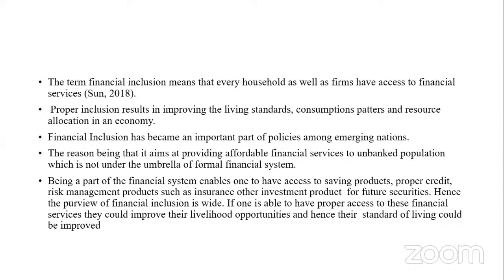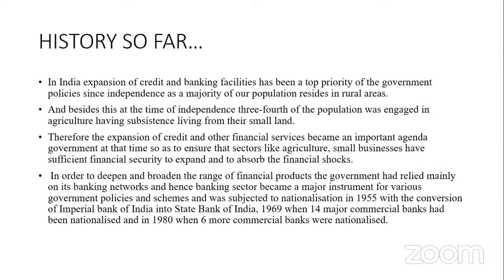Now, in case of India, when we talk of financial inclusion, the history is that it has always been a top priority of the government since independence, because at the time of independence three-fourths of the population was engaged in agriculture, and they made very meager money from their small land. Therefore, the expansion of credit and financial services has been an important agenda of the government, so that sectors like agriculture and small business could flourish, and people could absorb financial shocks.